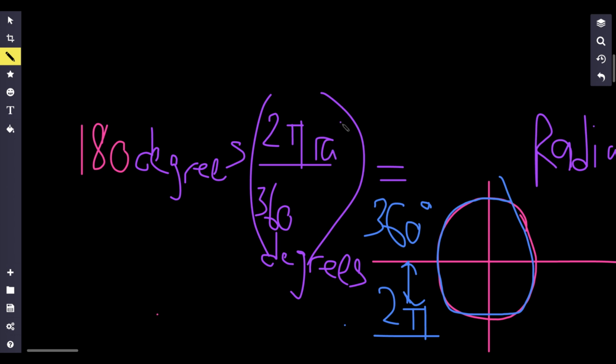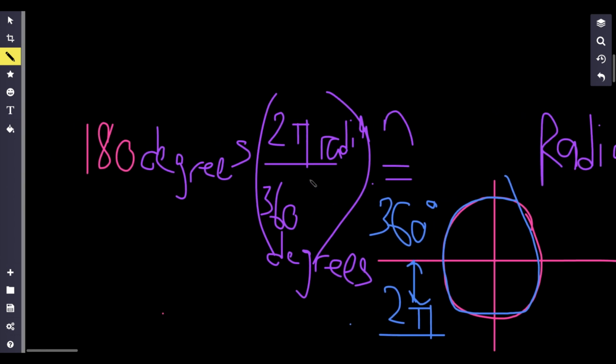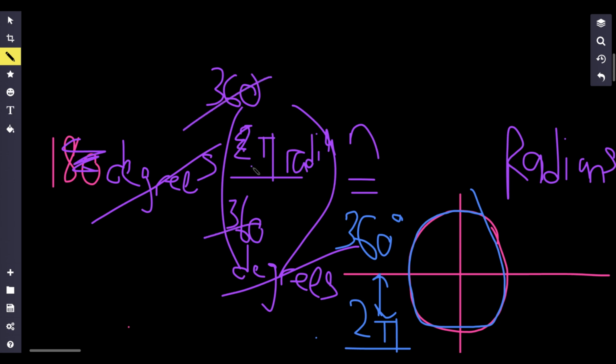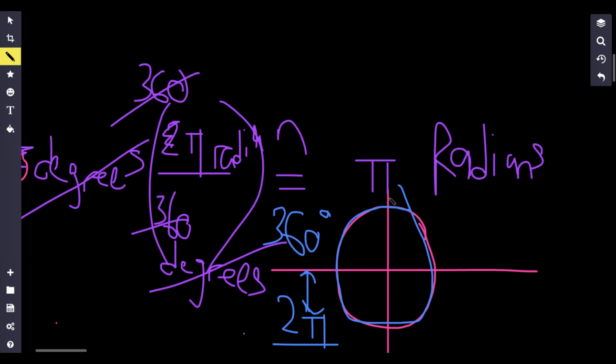So once we simplify everything, 180 degrees times all of this, the degrees are going to cancel out because the unit is in the top and the bottom. Then we're just left with radians as our unit, which is what we want. So 180 times 2 is 360, so we have 360 pi radians. 360 divided by 360 is just 1, so our answer is pi radians.